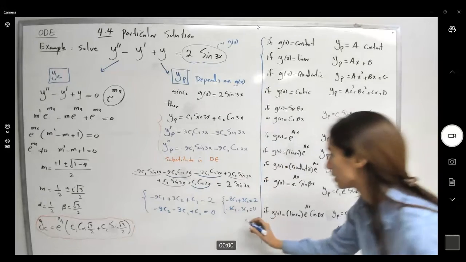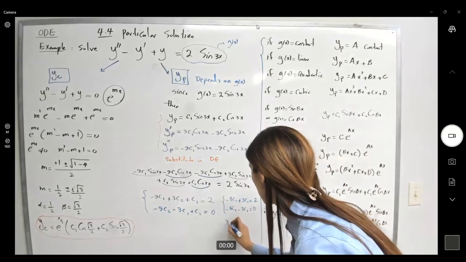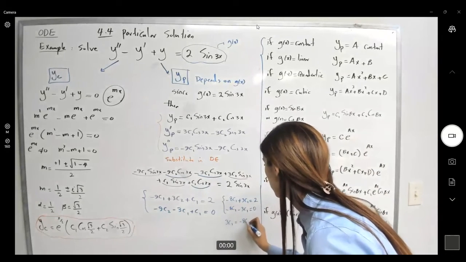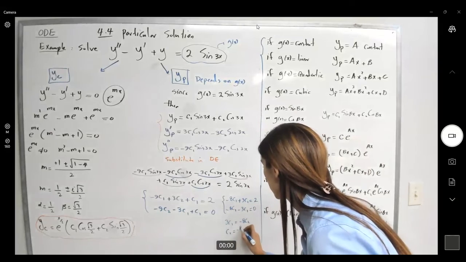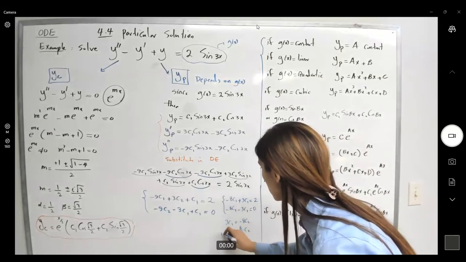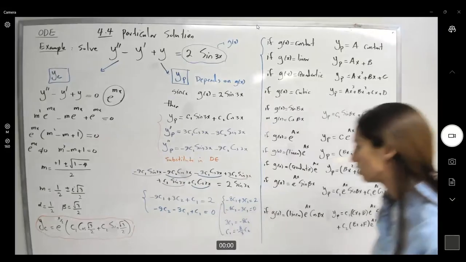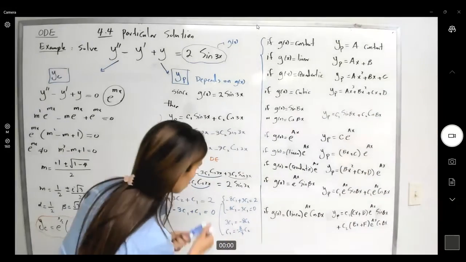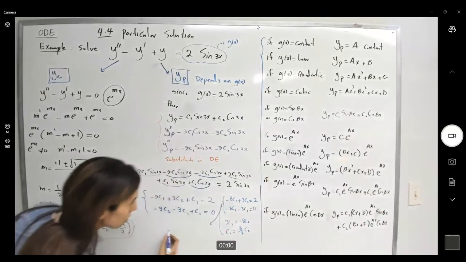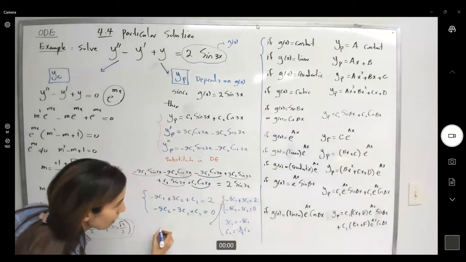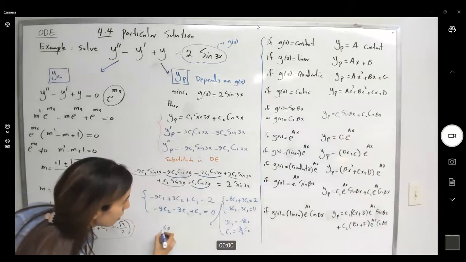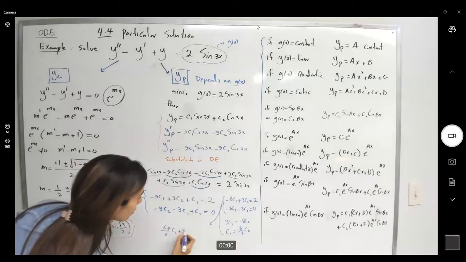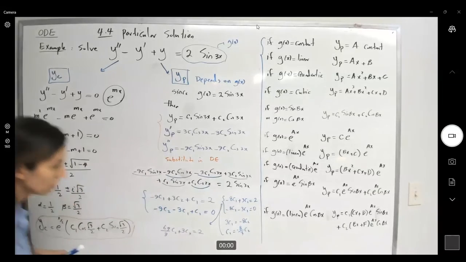If you solve this, you get 3 c1 equals negative 8 c2, or c1 is negative 8 thirds c2. Substitute that in the first equation to solve for c2. So just check this here. We get 64 divided by 3 c2 plus 3 c2 equals 2.